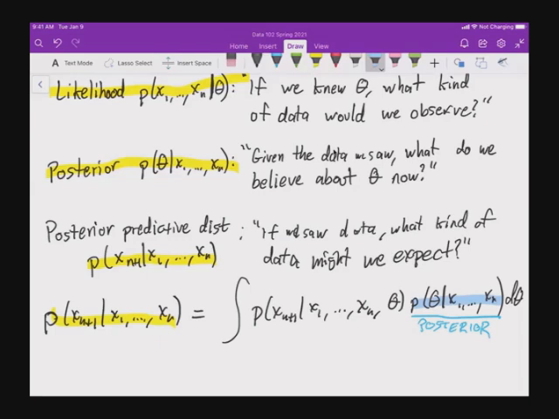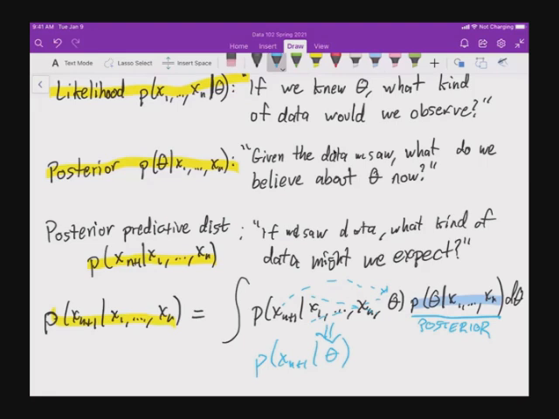So if all the x's are independent given theta, then x_{n+1} only really depends on theta. It doesn't depend on any of these other x's. So by assuming that the data are conditionally independent given the parameters, this first term just becomes p of x_{n+1} given theta.